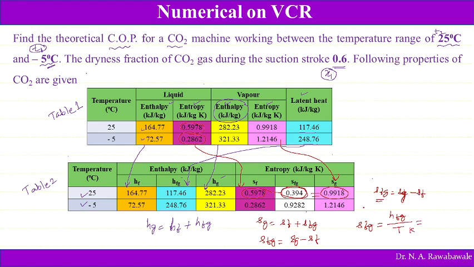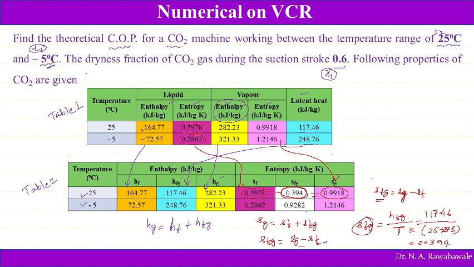So Sfg here is Hfg, 117.46, divided by temperature in Kelvin, 25 plus 273, which again works out to be 0.394. So Sfg can be obtained by two methods: dividing the latent heat of vaporization by temperature in degree Kelvin, or by subtracting Sf from Sg.